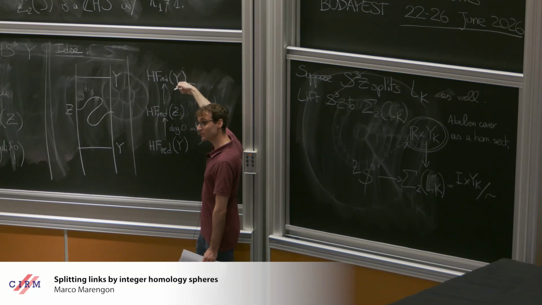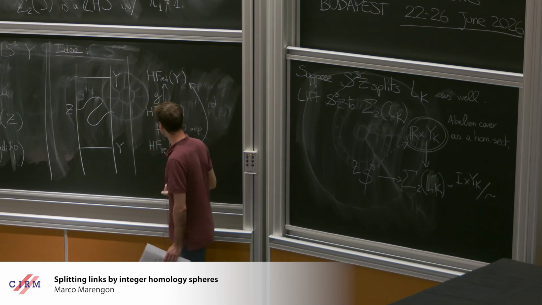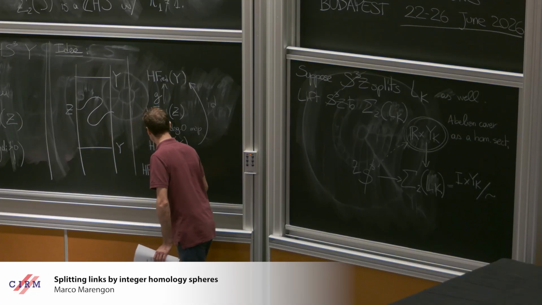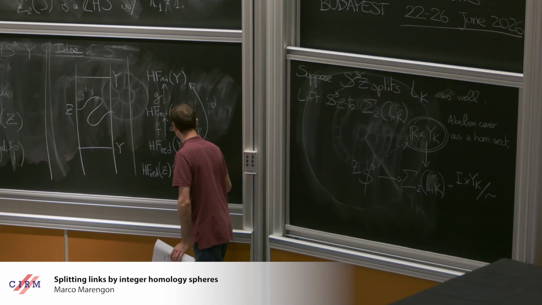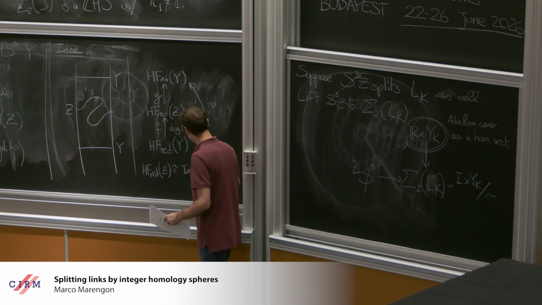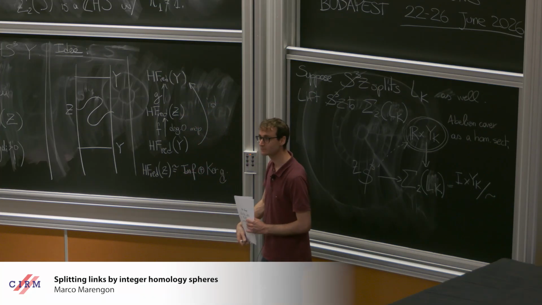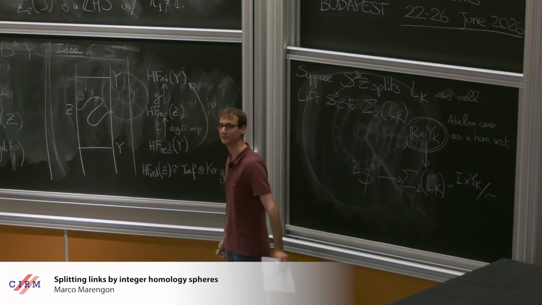And when you have a picture like that, let's call these maps, say, F and G, then, exercise, the thing in the middle, HF red of Z, splits as the image of F plus the kernel of G. So this is true in basically all the categories you can think of.